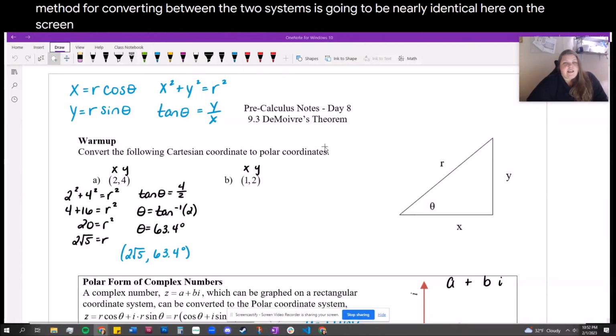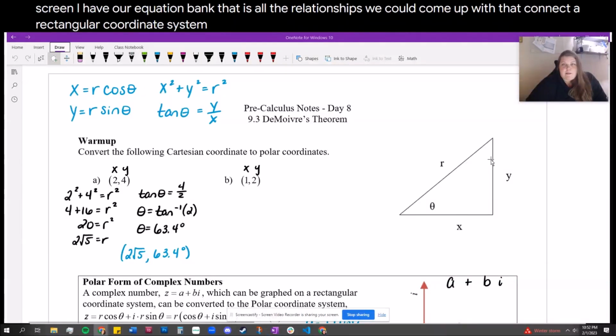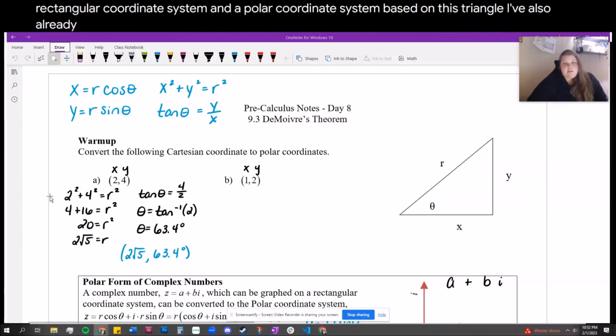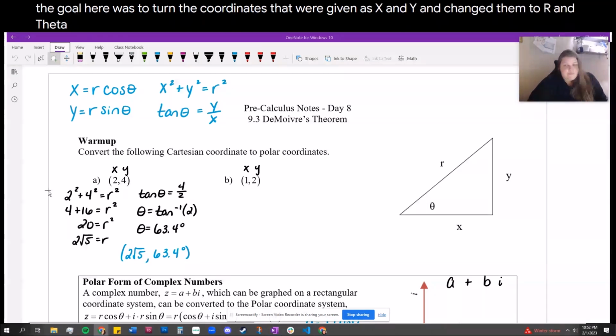Here on the screen, I have our equation bank, all the relationships we could come up with that connect a rectangular coordinate system and a polar coordinate system based on this triangle. I've also already done one of the questions so that we can see that and mimic it in a second example. So the goal here was to turn the coordinates that were given as x and y and change them to r and theta.